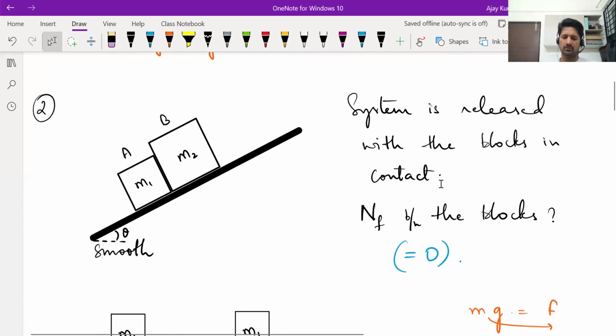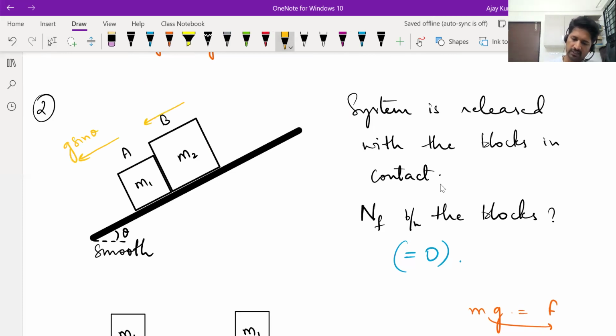Next, this case we took. Here also we imagined what would happen to one block in the absence of the other block. And we concluded that both naturally will have a tendency to go down with an acceleration g sine theta. They'll naturally tend to go with equal acceleration. And if they have a tendency to move at the same rate, why will one push the other? They'll move together at the same rate.